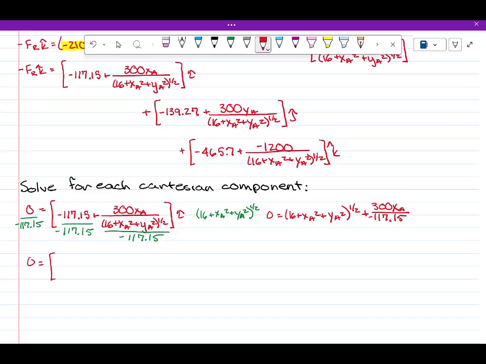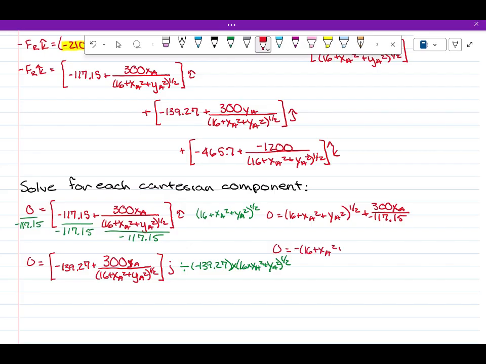Next, we solve for our y component. On the left-hand side, there's no j component, therefore we have 0. On the right-hand side, this is equal to negative 139.27 plus 300 times ya divided by the square root of 16 plus xa squared plus ya squared, and this is multiplied by j. So that we can again minimize this down, we're going to divide by negative 139.27 and multiply by the square root of 16 plus ya squared plus xa squared.